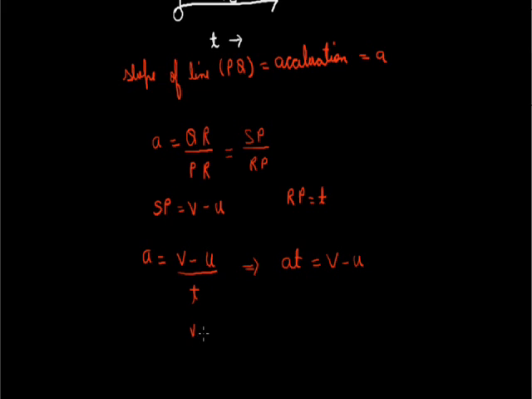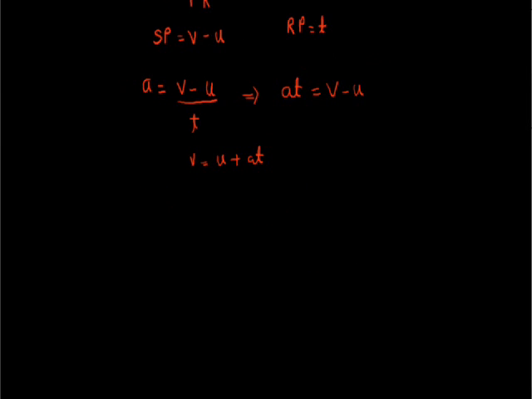So v is equal to u plus at. This is the first equation of motion. So we have derived the first equation of motion, that is v equal to u plus at, by plotting a graph between velocity and time.